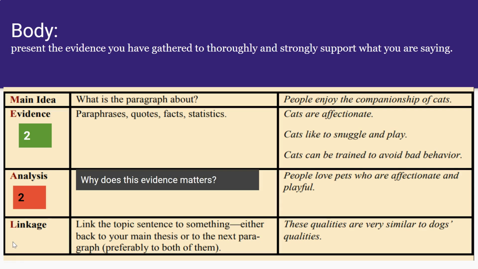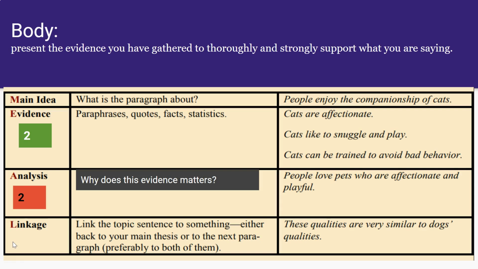Then you will need evidence. You will need quotes, facts, statistics, paraphrases from the text. You will need 2 pieces of textual evidence. And you will have to give us your analysis of the textual evidence. So every time you give me some evidence, you're going to have to give me your analysis of it.